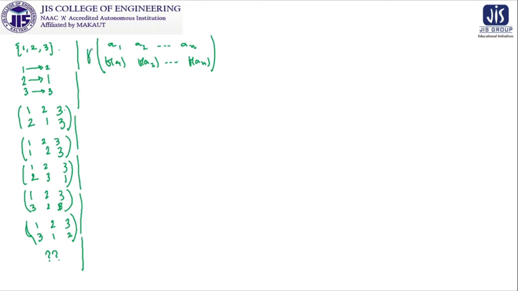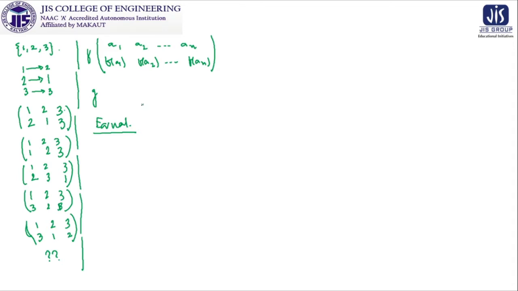This permutation is nothing but F. In this manner, you can have another permutation G on A1 up to AN, and obviously F(A1), F(A2) in the A1 to AN set. The question is, when do we call two permutations equal? Obviously, when F(A1) is equal to G(A1), F(A2) is equal to G(A2), up to F(AN) is equal to G(AN), we can claim that these two permutations are equal.